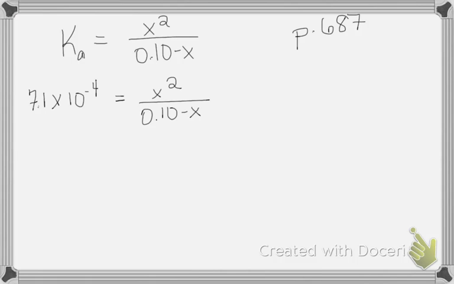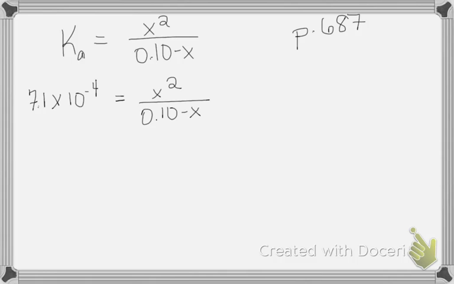Now hang on before you get to working it. Some of you see we've got an X and we've got an X squared, and that's going to carry us through to the quadratic equation. You can't square root this one because 0.10 minus X, how do you take the square root of that? We're going to do something even worse. We're going to pretend that X is going to be really small, so small that 0.10 minus X would probably give us something like 0.099997.